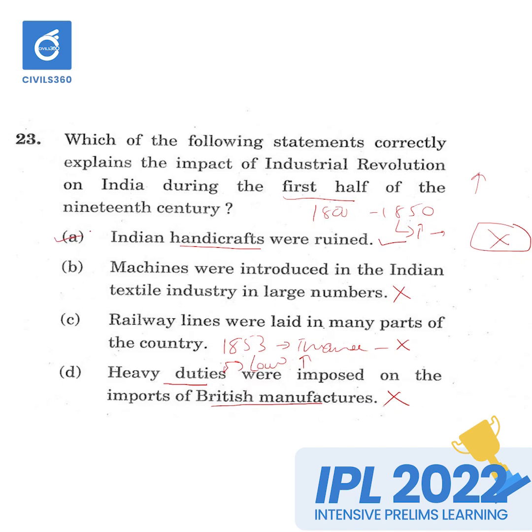Now there is a very simple method. When you consider these four statements, like machines were introduced in the Indian textile industry in large numbers, from the Indian development perspective this looks like a positive statement. If this had happened, it could have increased development in India. Likewise option C, if the railway lines were laid, it would become a capital expenditure, so it would create development.